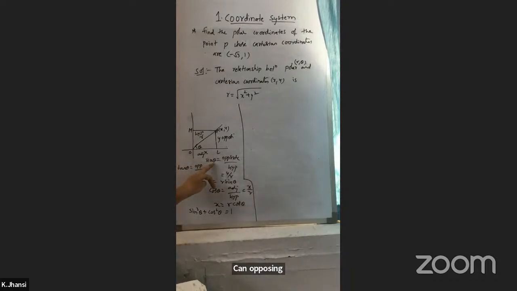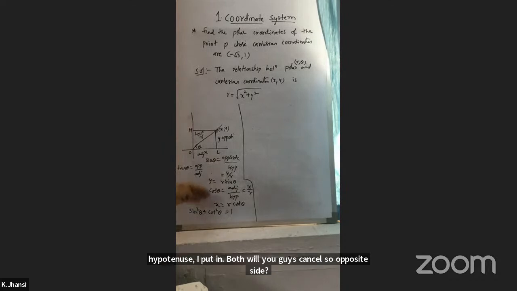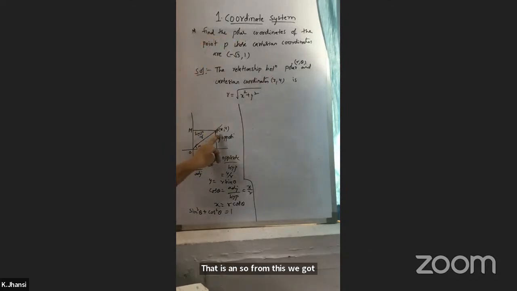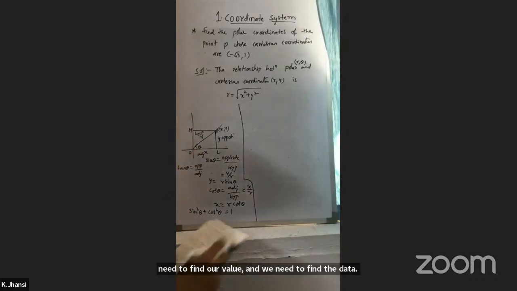You know already sin theta by cos theta, so the hypotenuse in both will get cancelled, and you get opposite side by adjacent side. So from this, the point P with Cartesian coordinates, and r and theta, are the polar coordinates. We need to find the r value, and we need to find theta, that is the angle it is making.